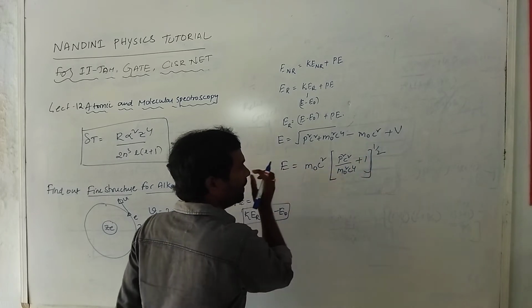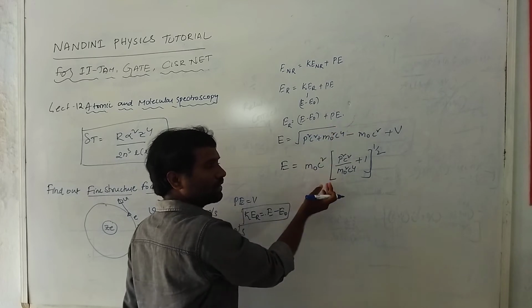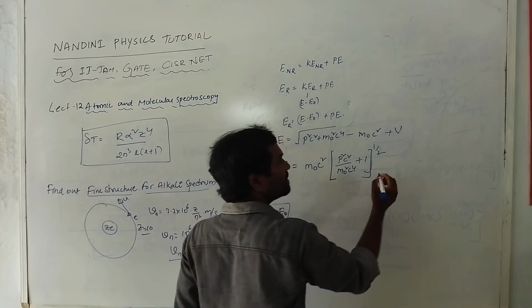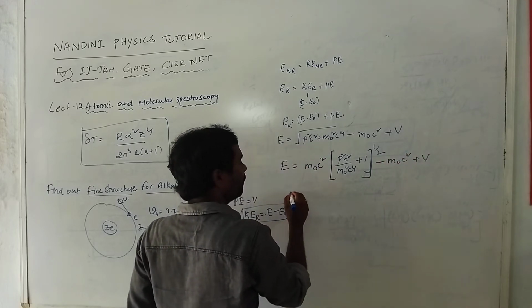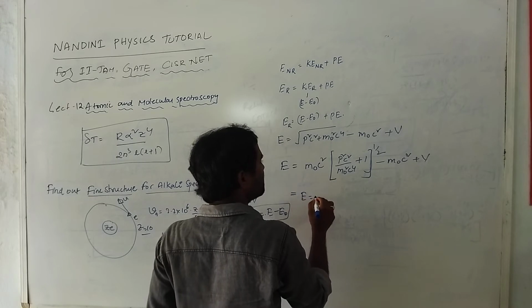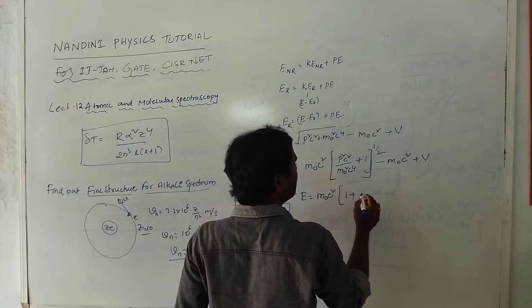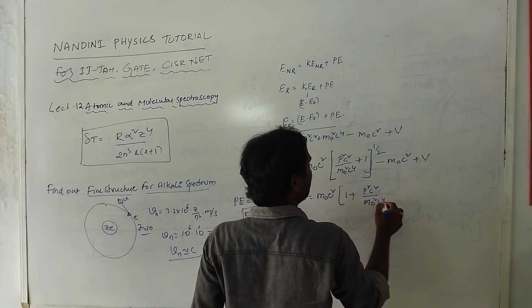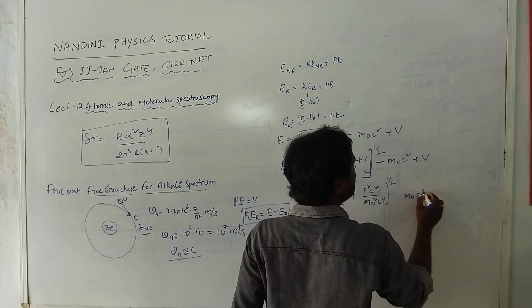Because there is a root, you take m naught c square common out of the root, minus m naught c square plus V. So after that, E is written as m naught c square times (1 plus p square c square divided by m naught square c power 4) to the power 1 by 2, minus m naught c square plus V.